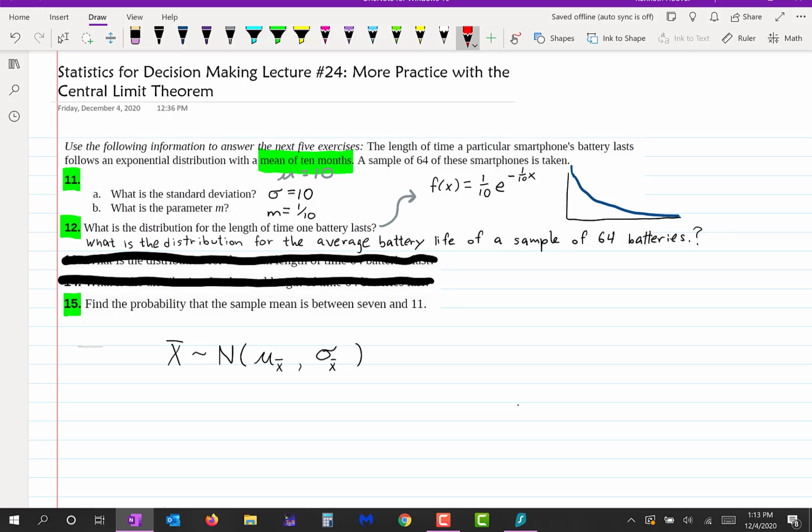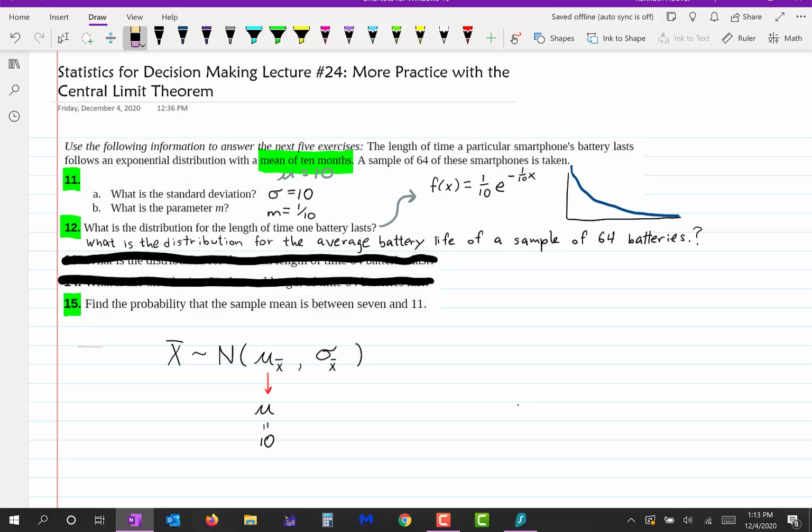We learned that the mean of the sample averages is equal to the mean of the population. So in our case, that is 10.